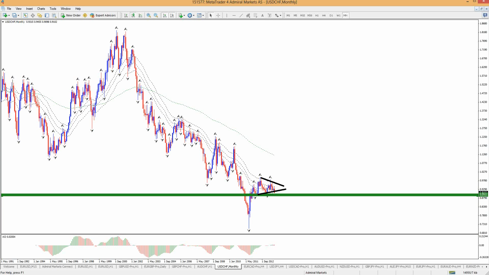No hike is expected. First of all, the quantitative easing has to decrease, and then the interest rates might move up. So that's still far, far away from here.